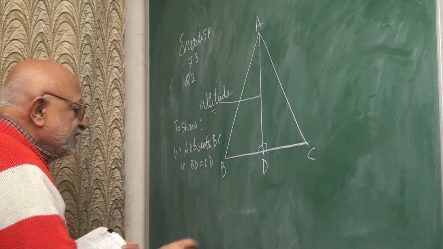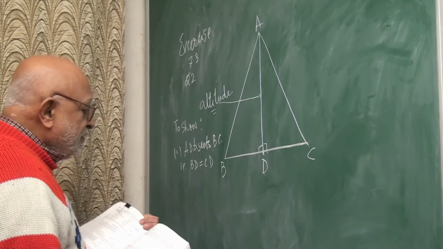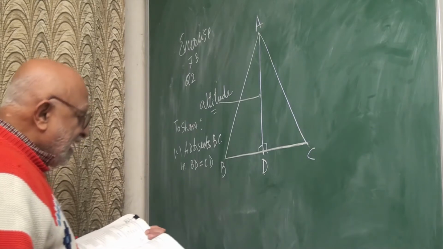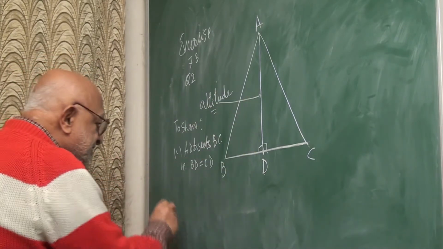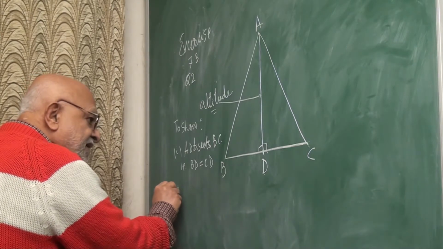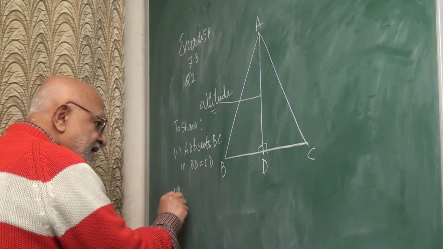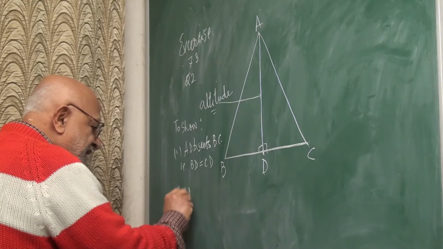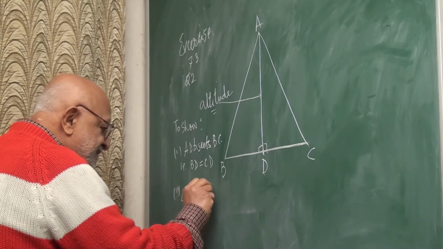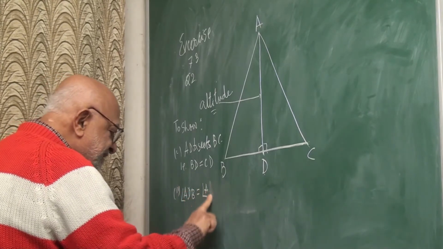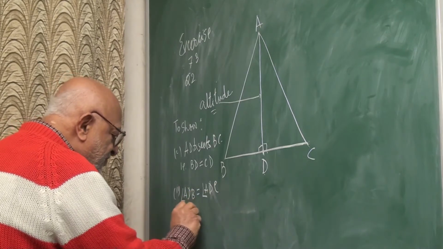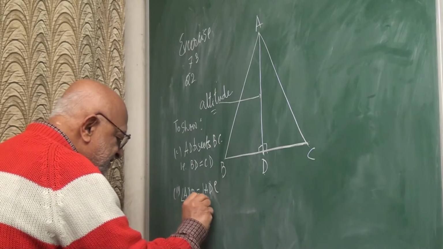Also given, this is an altitude, so angle ADB is equal to angle ADC, which is equal to 90 degrees.